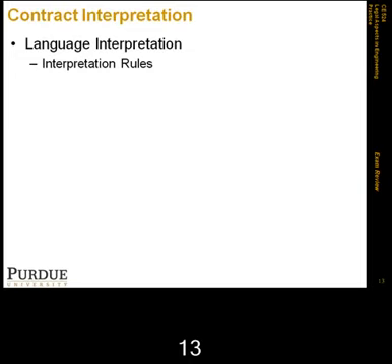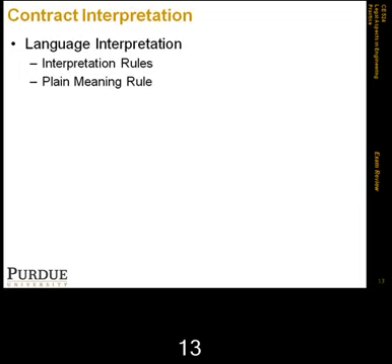We had a bunch of rules that we used for interpretation. One of them is what we call the plain meaning rule, which is basically that interpretation should take into account the plain meaning of the words. It's actually a method for limiting the interpretation powers of judges and trial courts, and usually does not apply to arbitration.